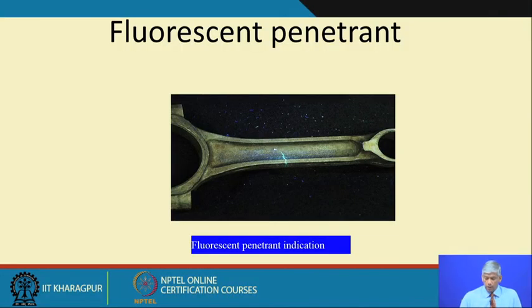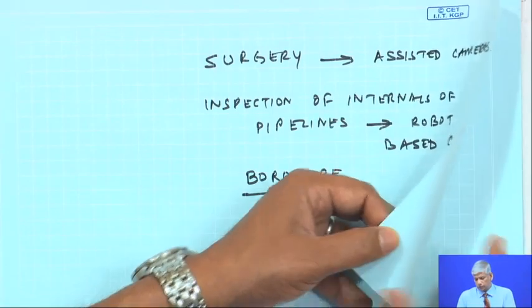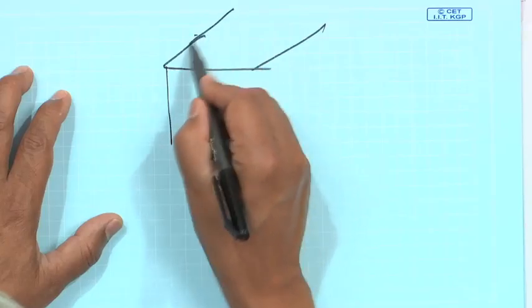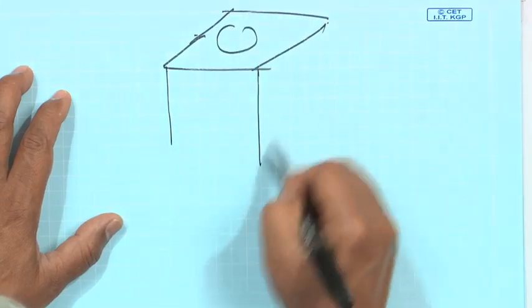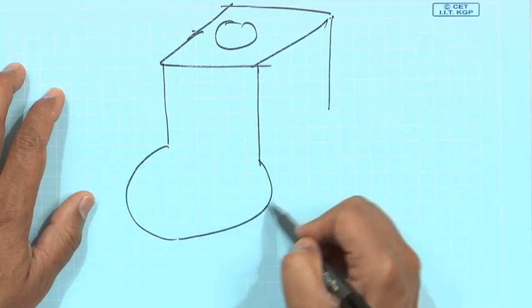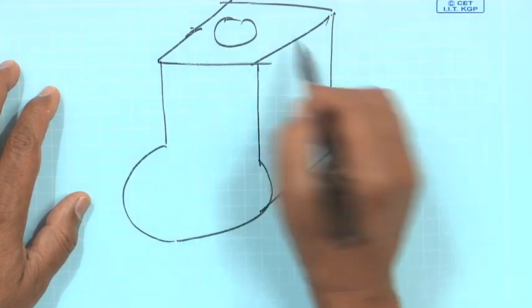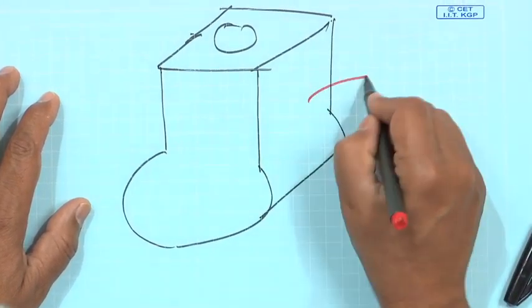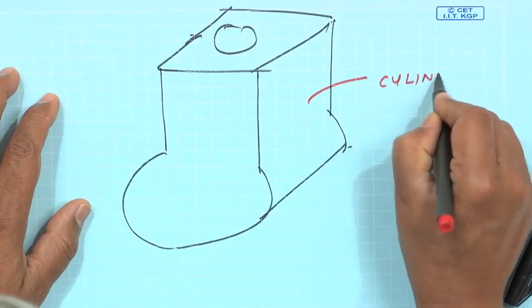But in many mechanical production facilities, you will see, for example, a cylinder block which has been casted. This is a single cylinder block.